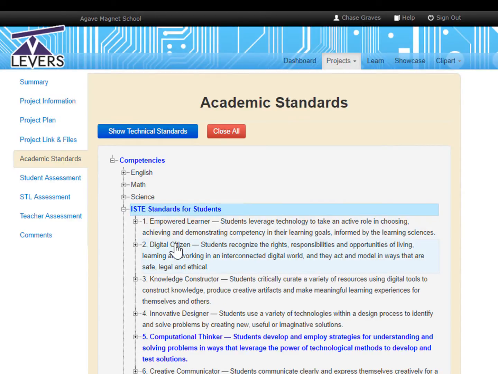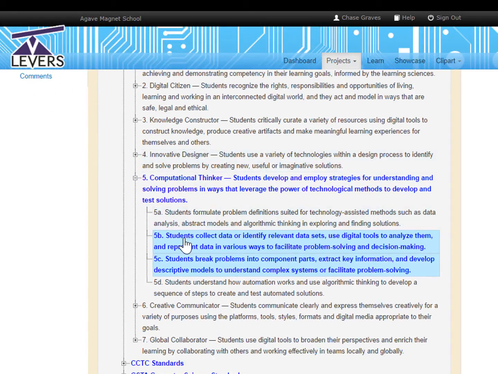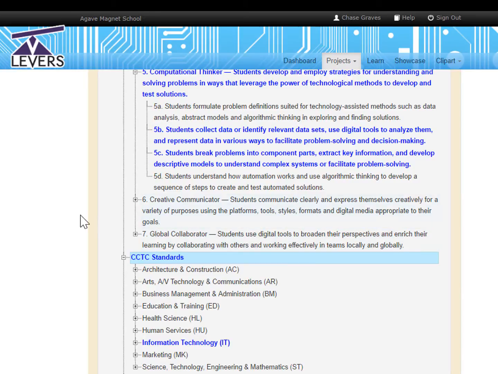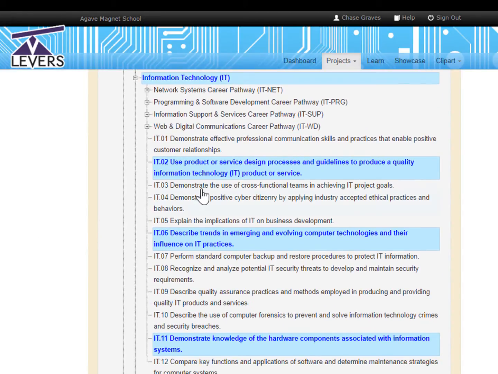He's looking at ISTE standards that show computational thinking in terms of collecting data, relevant data sets, breaking problems down into parts. He's looking at the Common Career Technical Core standards for information technology in terms of using a design process, describing trends in emerging and evolving computer technologies, and demonstrating knowledge of hardware.